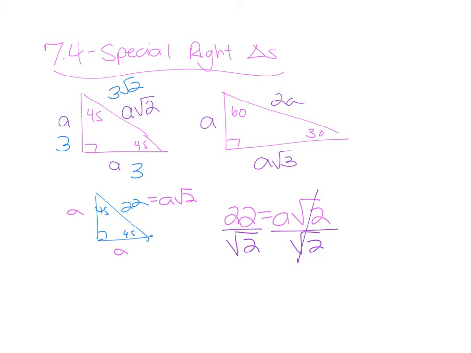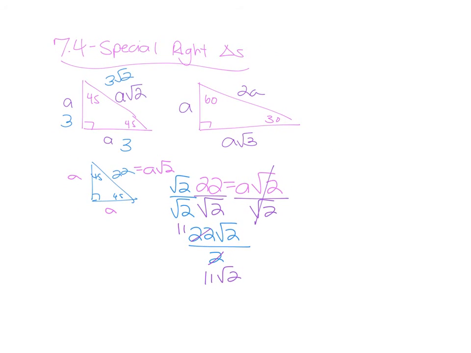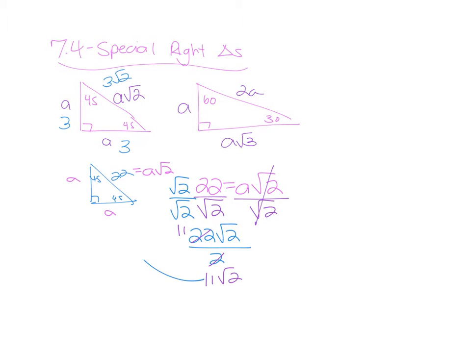This goes away, and then the left side I have to rationalize. So I multiply both the top and the bottom by root 2, and I get 22 times root 2 over 2, which reduces to 11 root 2. And that's your A, which means that is both this side and this side.